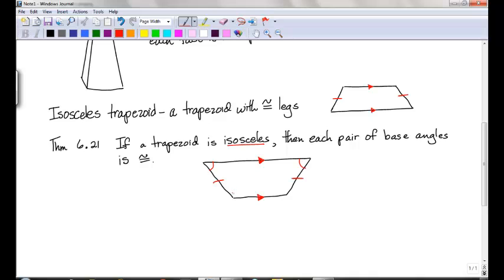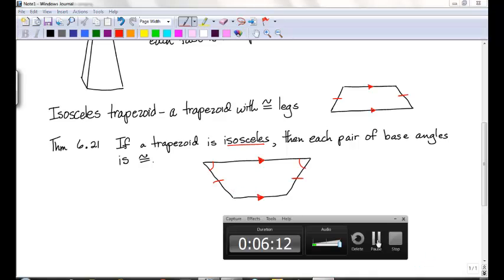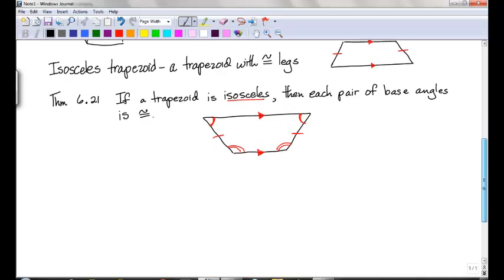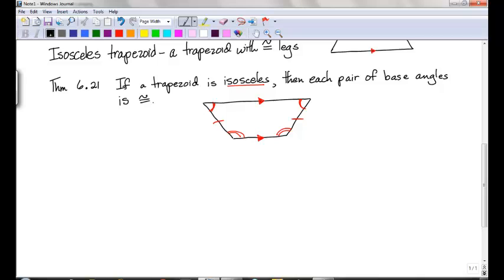Those are base angles. Also mark this angle congruent to this angle. Those base angles are congruent. That's theorem 6.21.